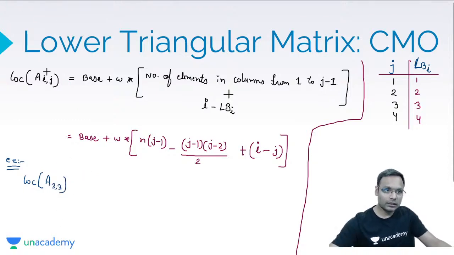Fine. Let's take it out. I is equal to 3, J is equal to 3. My major motive is this remaining formula. So it's base plus W into n value, 4 cross 4 matrix, into j minus 1. J is 3, 3 minus 1 is 2.